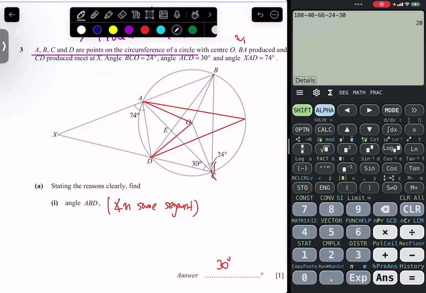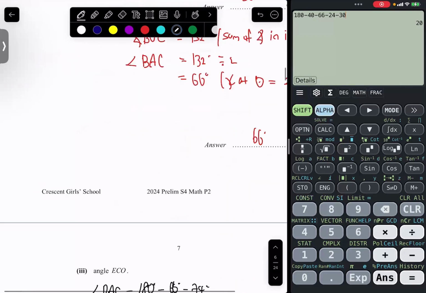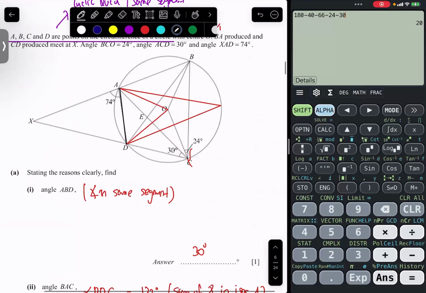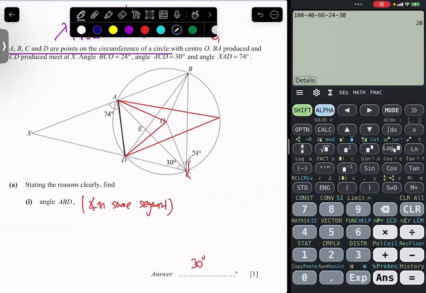What do we know? Did we find AOD in the first place? No, ECO. ABD, BAC. So there was no help.